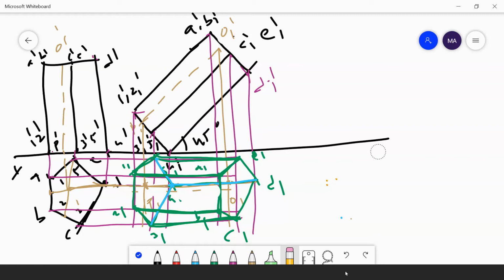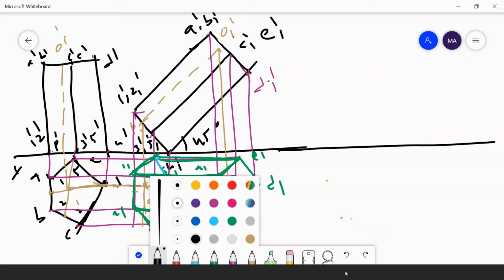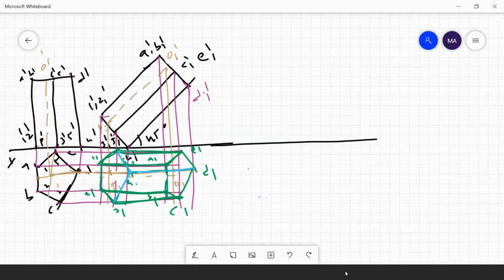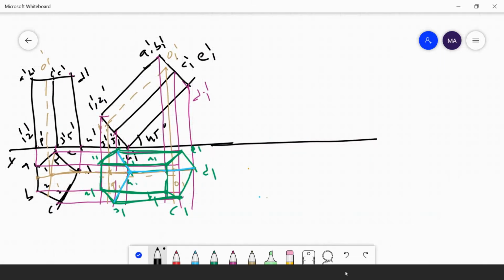First, you draw the first condition. Its axis is inclined at 30 degrees to the VP. It's given clearly that the axis is inclined at 30 degrees to VP. So I am considering 30 degrees inclination with VP.